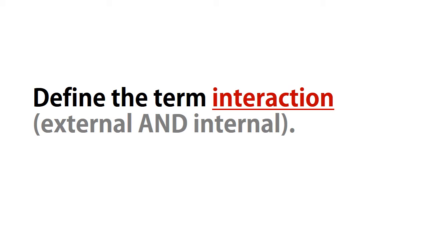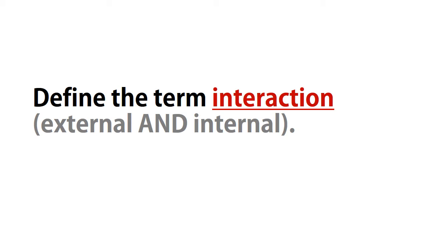Internal interactions represent changes in cognitive knowledge structures and processes that result from an interchange between new information that you receive via media, be it via external communication devices, and previously existing information or knowledge structures that you already have in your brain. And so that's internal interaction.